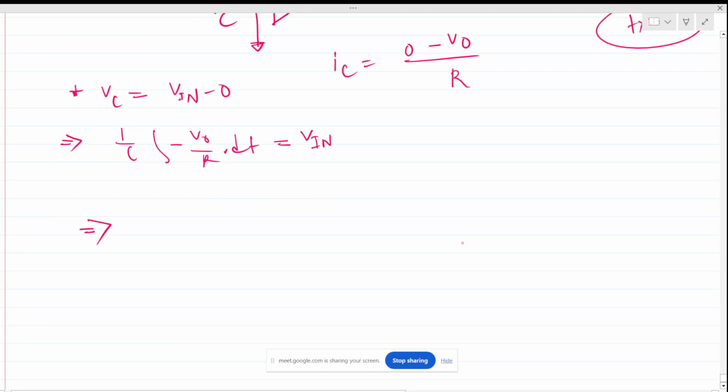So now this will be nothing but V out equals minus RC times the differentiation of V in, right?